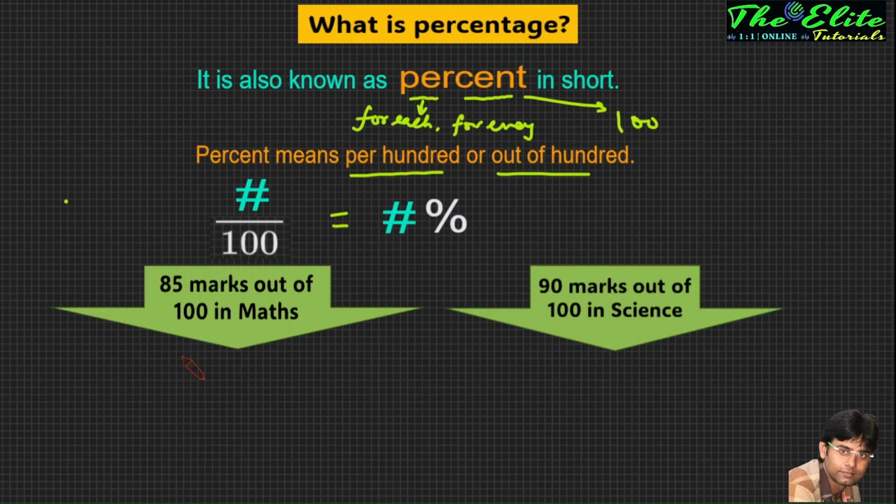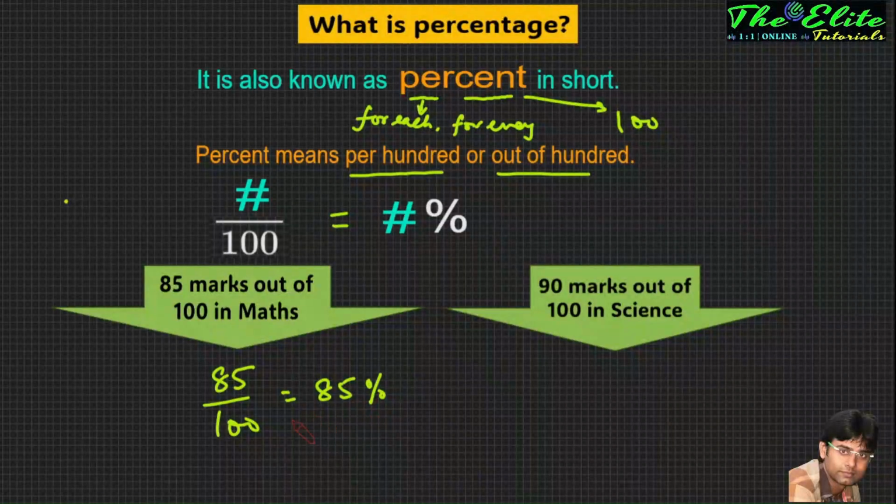Now let's see, suppose you got 85 marks out of 100 marks in maths. What percentage of marks have you got in math? If it is a question, you should think that it is 85 out of 100, so the percentage will be 85 and the percentage sign. This sign is used for percentage, or percent we can call. 90 marks out of 100 in science will be written as 90 out of 100.